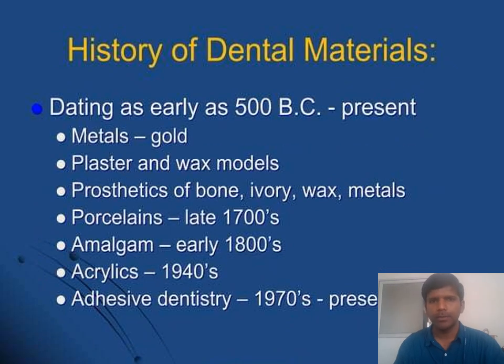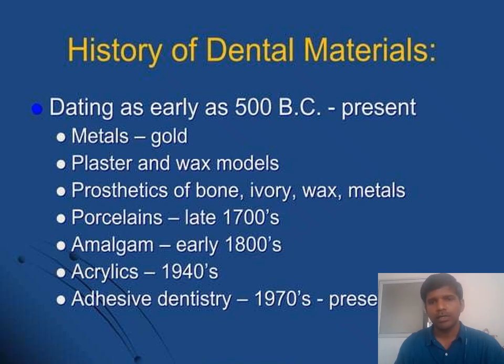Coming to the history of dental materials, it goes as far as 500 BC until present. Metals like gold were used for dental purposes, and also plaster and wax models were used, and prosthetics of bone, ivory, wax, and metals were used.